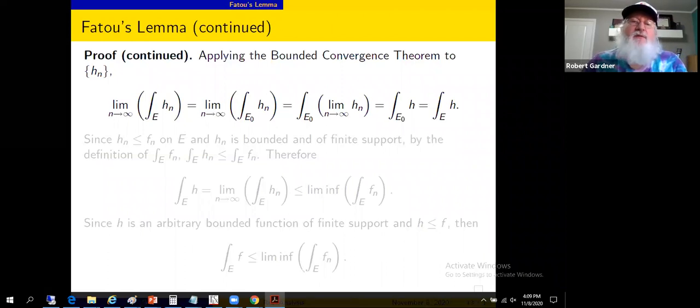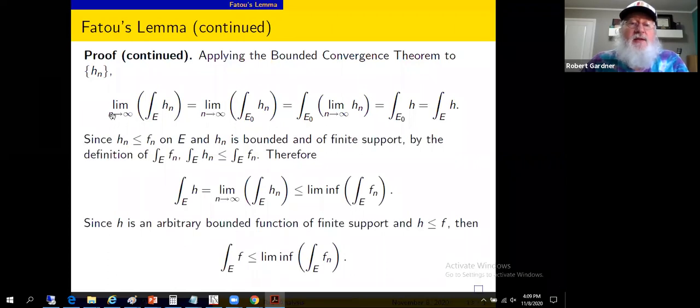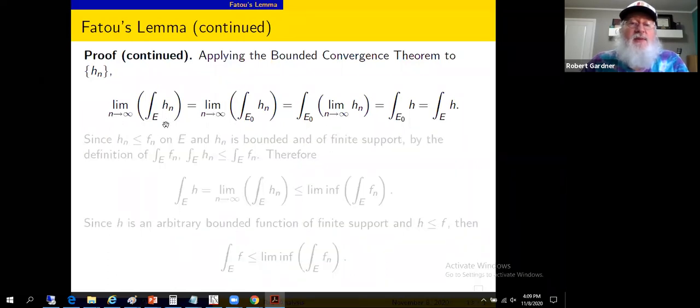These are effectively class 1 functions. So let's take the limit of the integrals over E. Remember how the h sub n's were defined. They were 0 off of the set E sub 0. So that's equivalent to taking integrals over E sub 0 of h sub n.